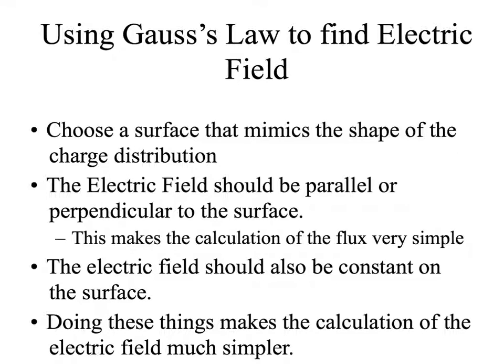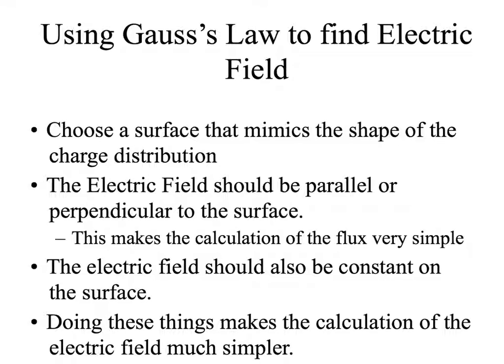And it is going to be true that Gauss's law is only going to work for charge distributions that are relatively simple or uniform or symmetric, things like that. And we'll look at two examples at the end of this video.